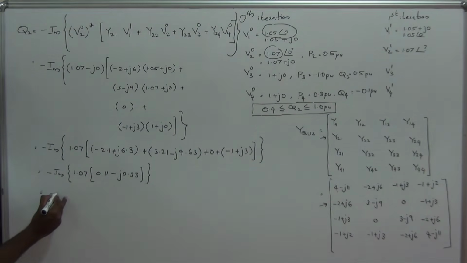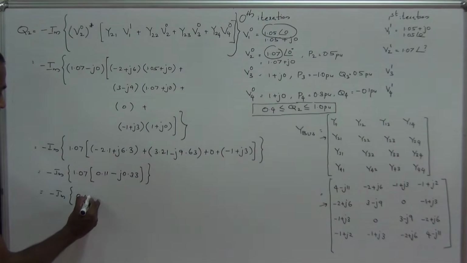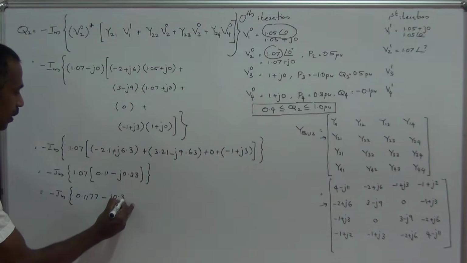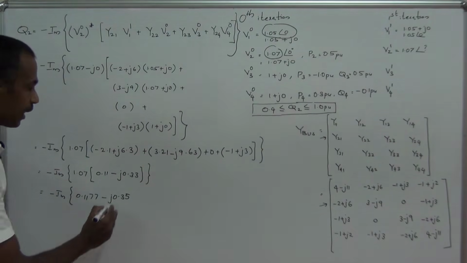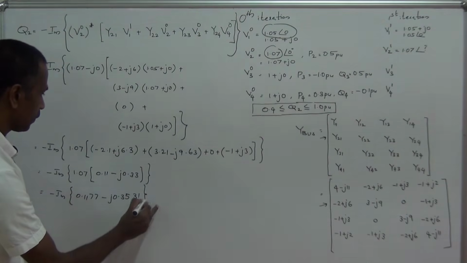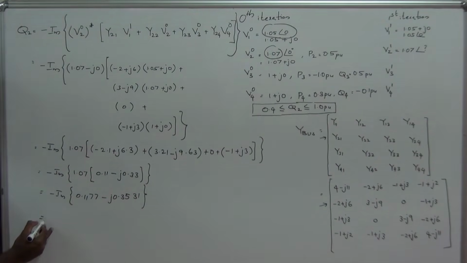And this is equal to minus imaginary part of 0.1177 minus j0.3531. And this is the minus of the imaginary part, this is 0.3531 per unit.